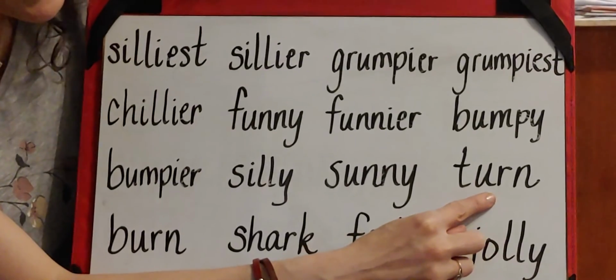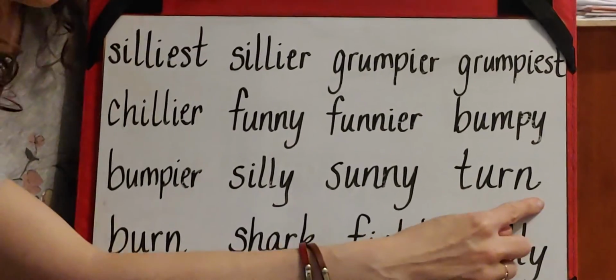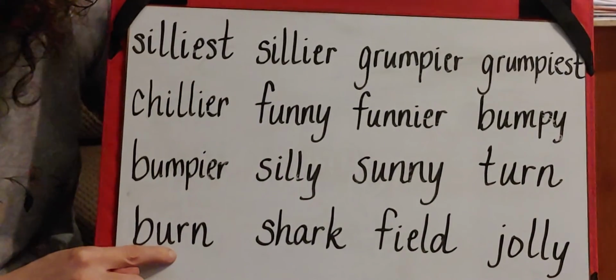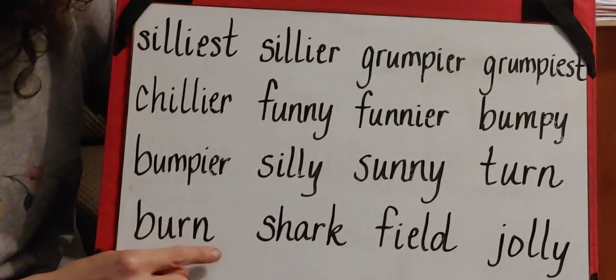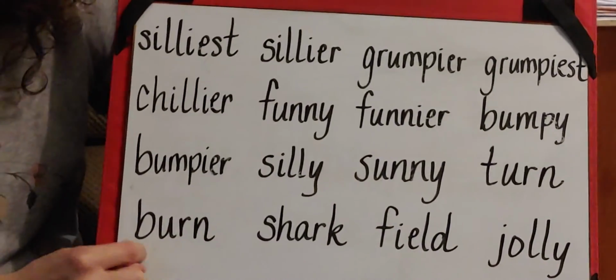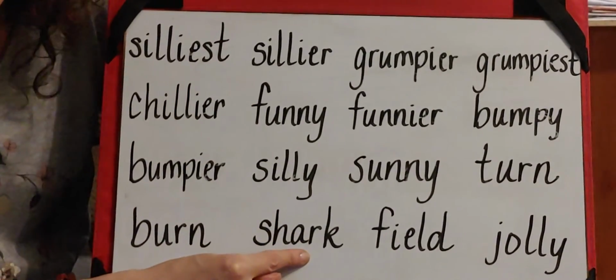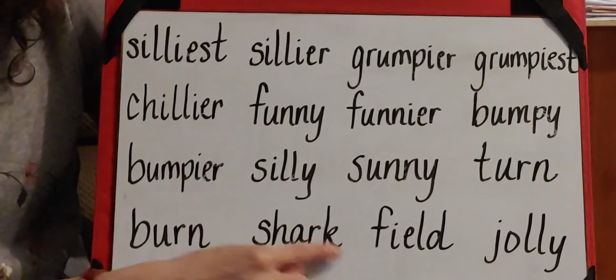Look at the vowel sound in this one. Word, turn. Vowel sound, b, earn. Word, burn. Vowel sound, r, blend, sh, arc.